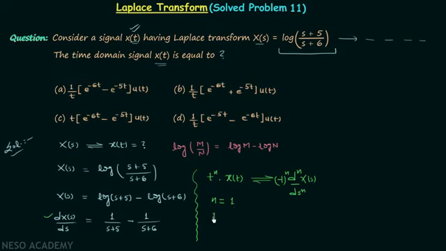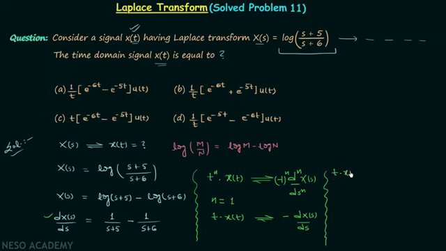This will give us t x(t) as our time domain signal, and the corresponding Laplace transform will be minus dX(s)/ds. And we know dX(s)/ds is equal to 1/(s+5) minus 1/(s+6). So in the next step we will put the value of dX(s)/ds.